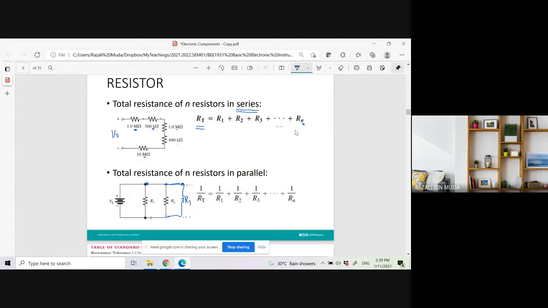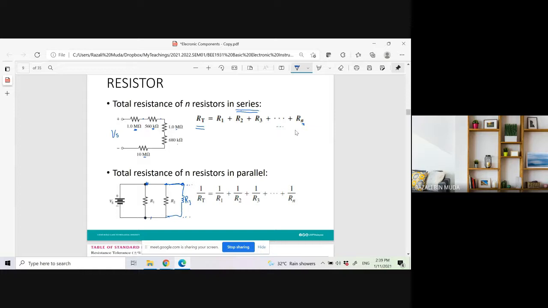1 over R total equals 1 over R1 plus 1 over R2 plus 1 over R3 plus up to 1 over Rn. So we call it the reciprocal. Reciprocal of R total equals reciprocal of R1 plus reciprocal of R2 plus reciprocal of R3 plus and so on, until reciprocal of Rn. Or we call it invert.